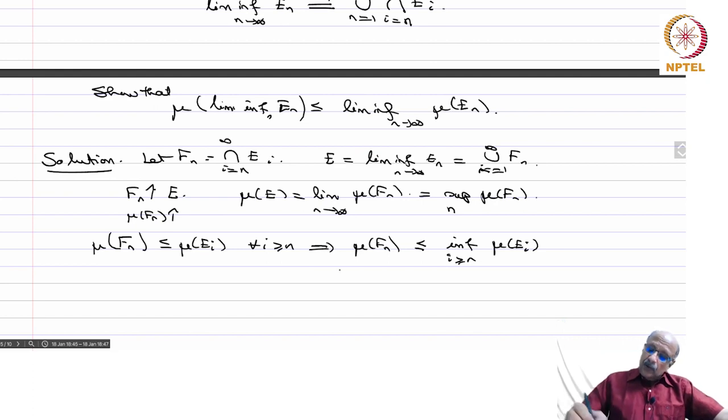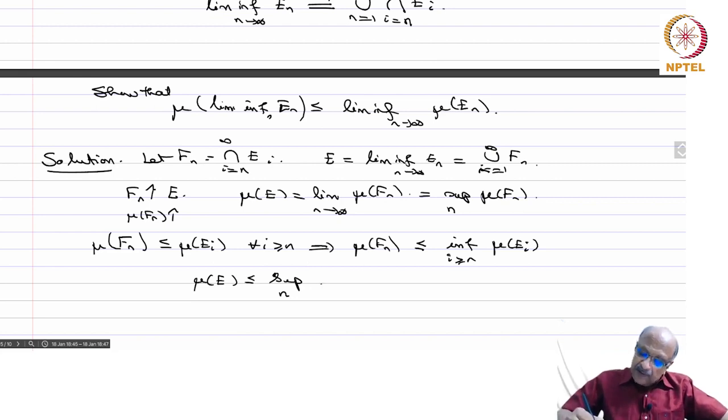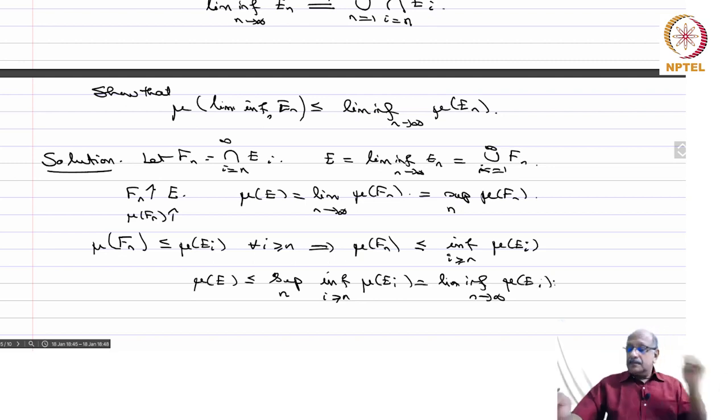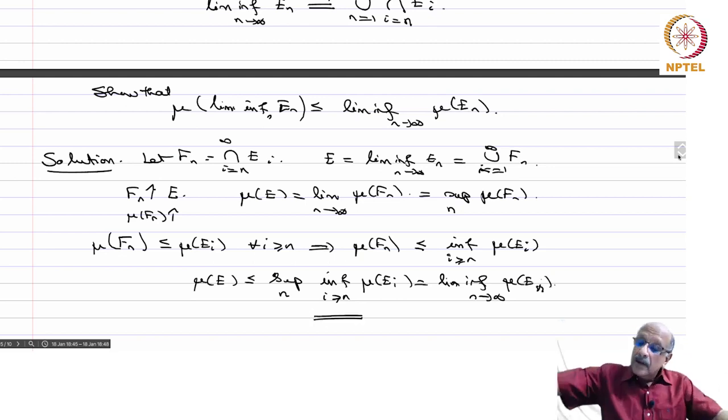Mu of E is the limit of mu of Fn, so mu of E is less than or equal to supremum over all n of inf i bigger than or equal to n mu of Ei, and that's precisely lim inf mu of En by definition.